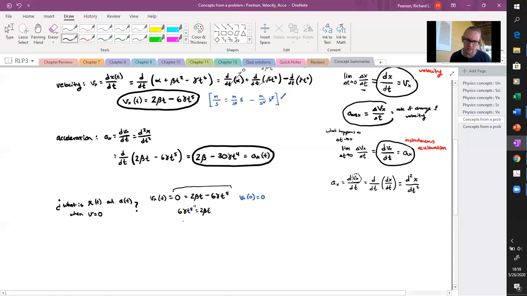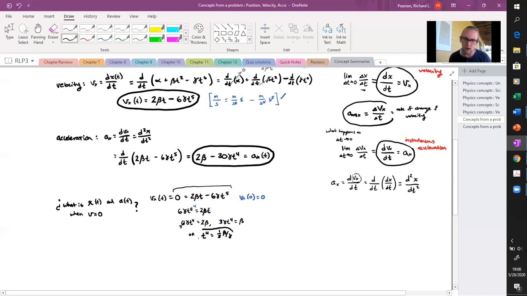We now get 6 gamma t to the 4th is equal to 2 beta. I'm also going to cancel out that 2, so we get 3. So then this becomes 3 gamma t to the 4th is equal to beta. Or specifically, t to the 4th is equal to 1/3 beta over gamma.